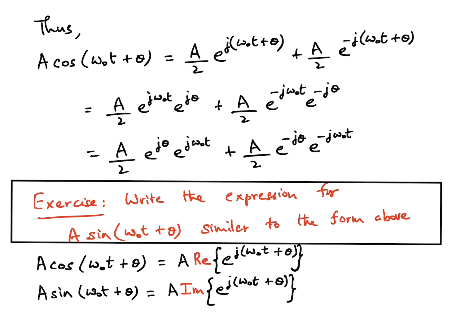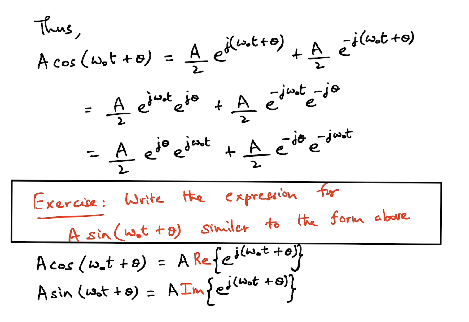And as I said before, the cosine term is the real part of the complex exponential, and the sine term is the imaginary part of the complex exponential. Because the amplitude is A, the real part gets multiplied by A, and the imaginary part also gets multiplied by A.